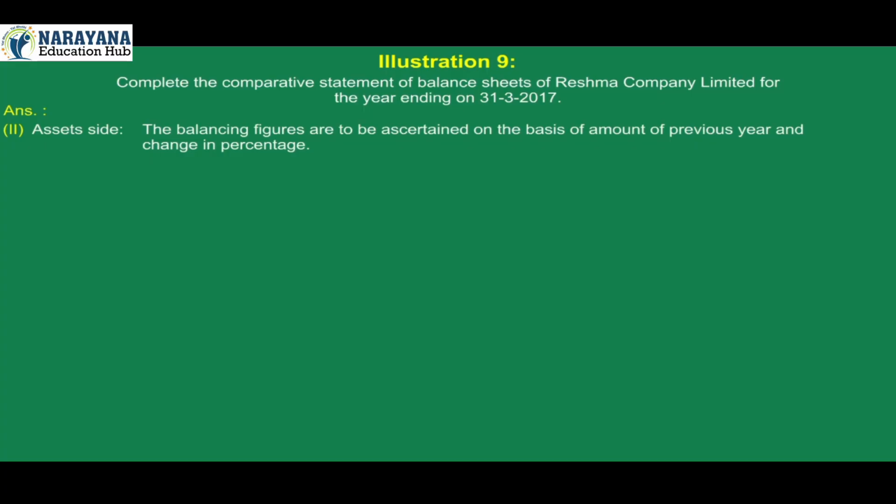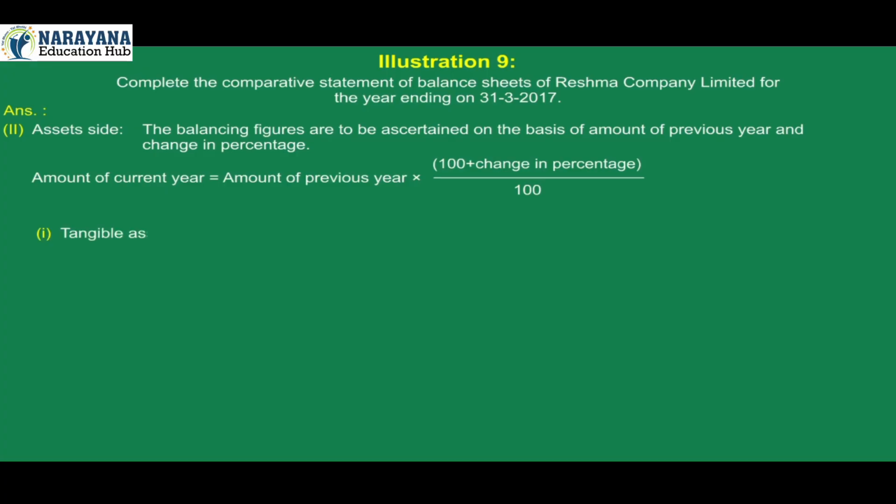The balancing figures are to be ascertained on the basis of amount of previous year and change in percentage. Amount of current year is equal to amount of previous year into 100 plus change in percentage divided by 100. 1. Tangible assets is equal to 12 lakh into 100 plus 41.66 divided by 100 is equal to rupees 17 lakh. 2.